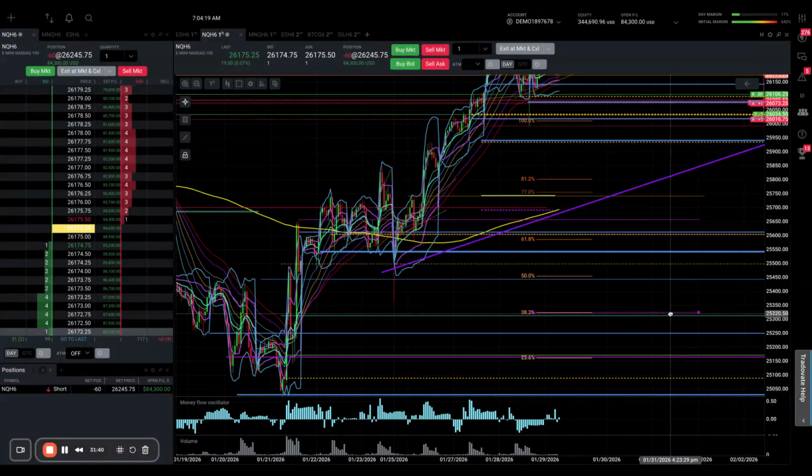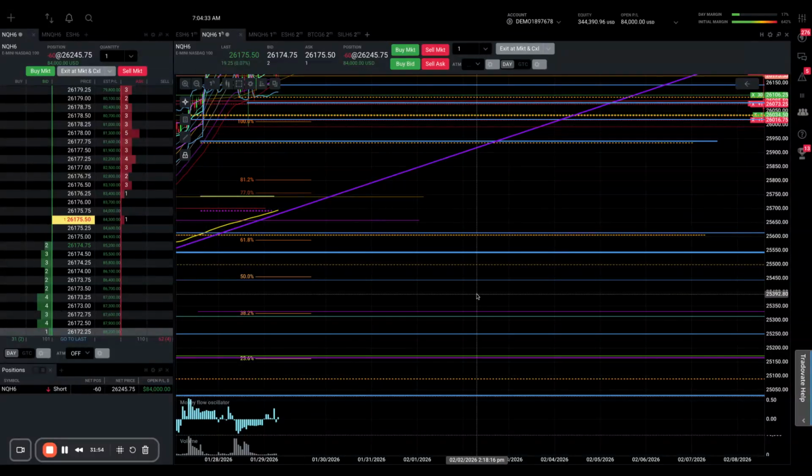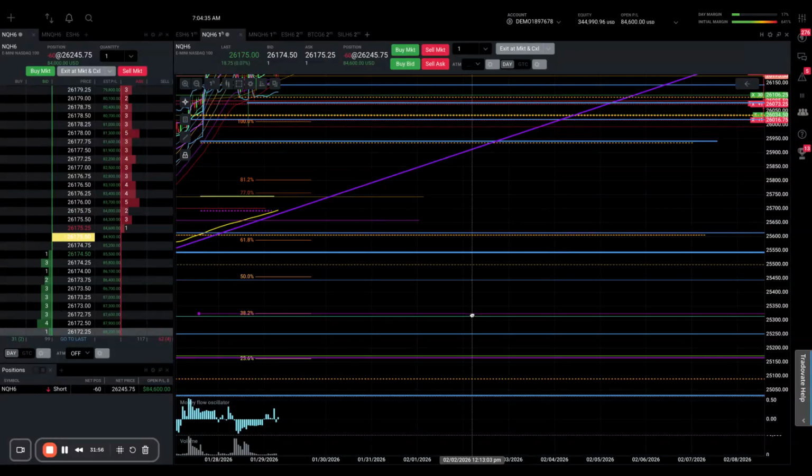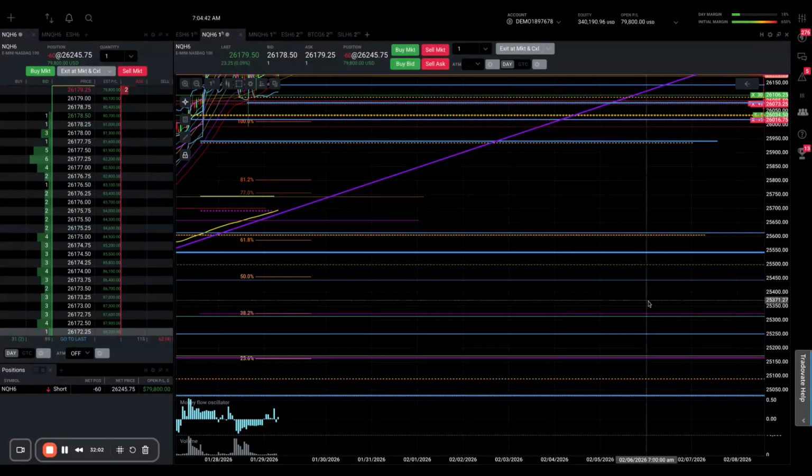Now I'm gonna move that line. Do I already have a line here? Yeah, to here. Okay, guys, and that's gonna be our potential bounce zones into either 50 or 38.2. These are going to be good bounce zones right here.